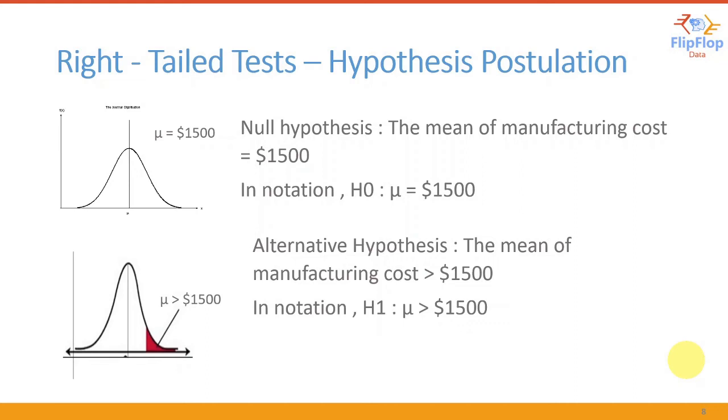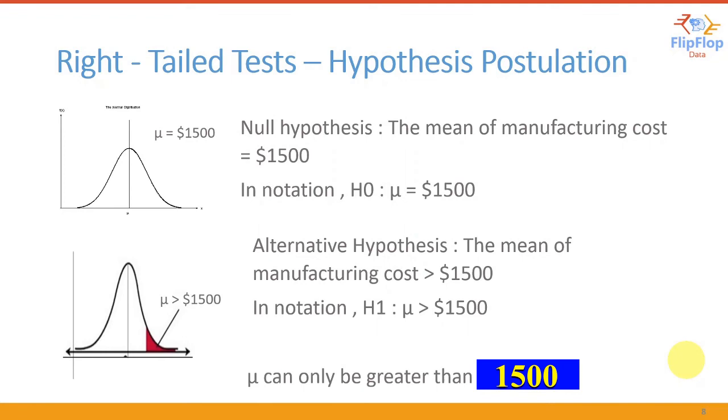So when we say mu is greater than $1,500, it means mu can only be greater than 1500. That is, values are spread only towards the direction which is greater than the considered mean. That is in only one direction, and that's the right direction.